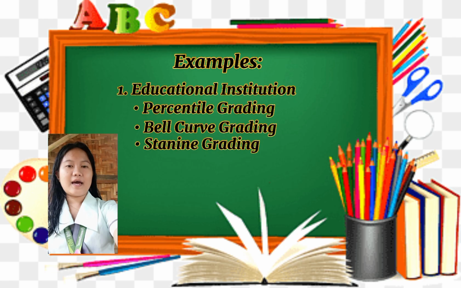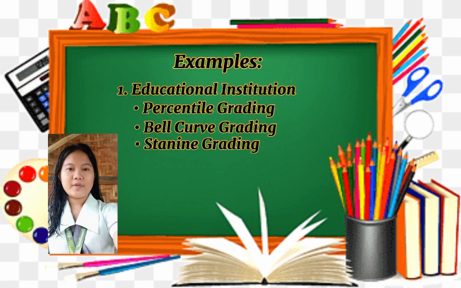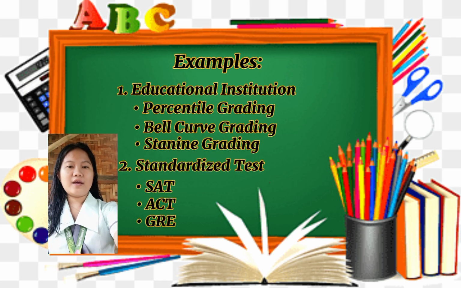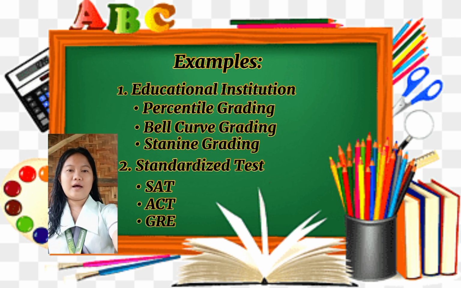And second is the standardized test. Under the standardized test, there are the SAT, ACT, and GRE. First is the SAT, where scores are normalized to ensure consistency across test administrations. Second is the ACT, where scores are ranked relative to national norms.